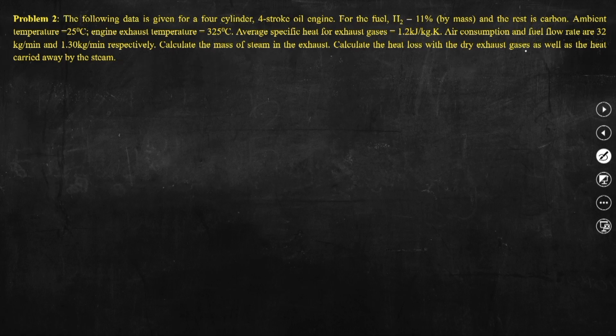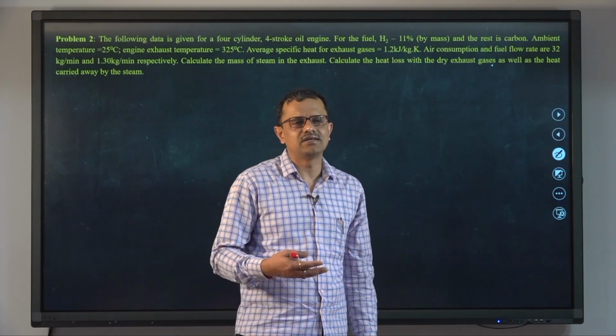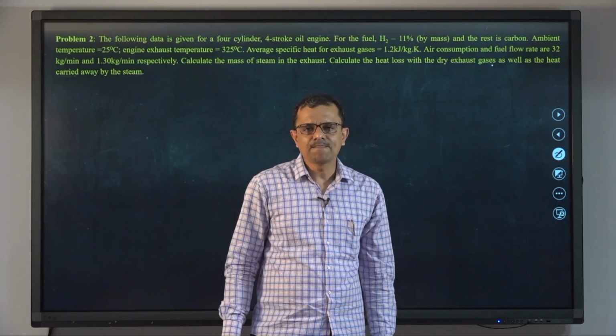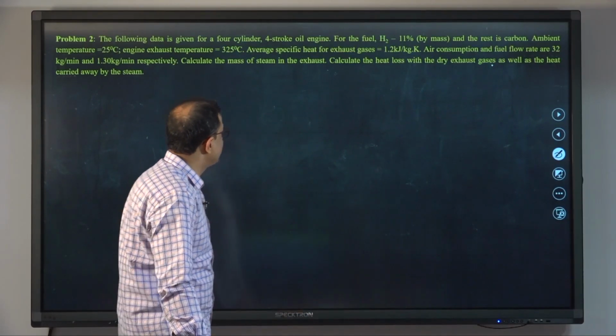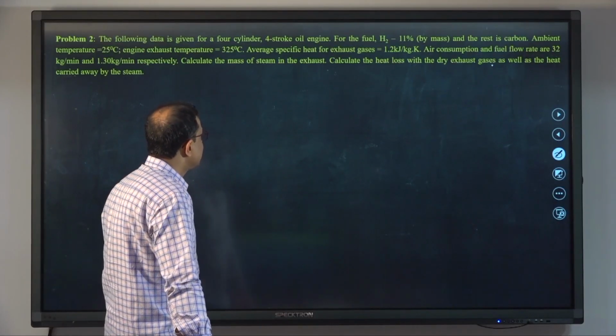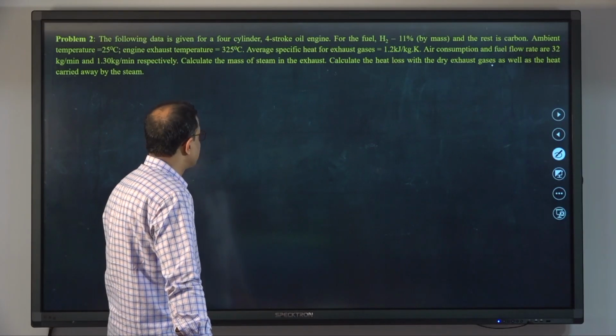The fuel composition is hydrogen 11% by mass and the rest is carbon. Essentially, the fuel is a hydrocarbon, a family of hydrocarbons rather. In this fuel, hydrogen is 11% by mass while the rest is carbon.